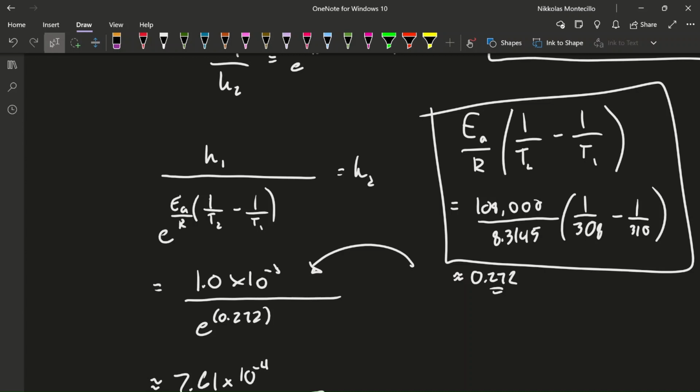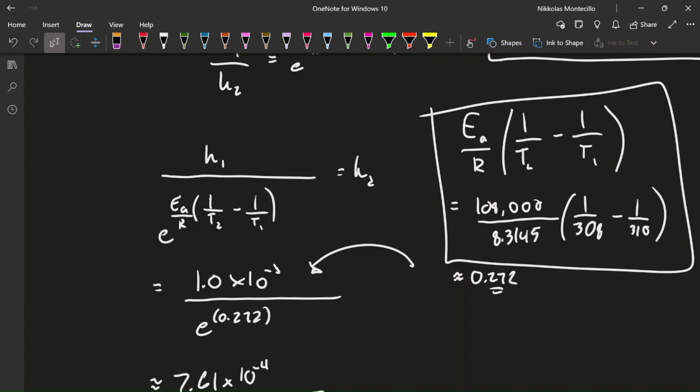Sorry, just 1 second. I'm plugging this into my calculator as I solve this. There we go. Approximately 0.272, right?